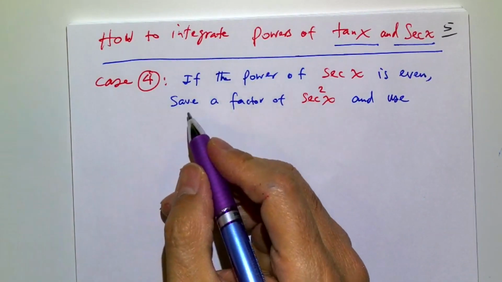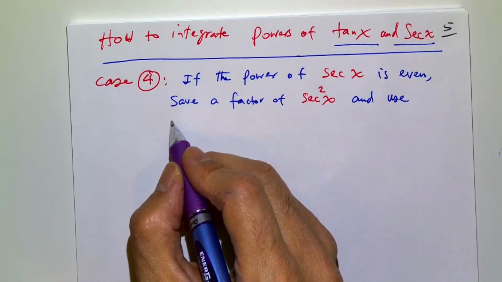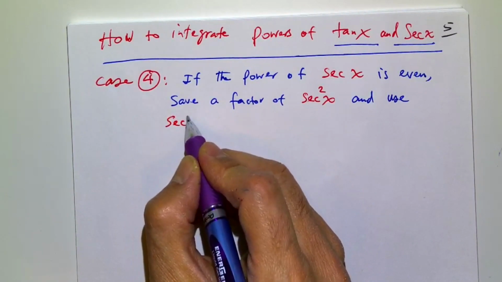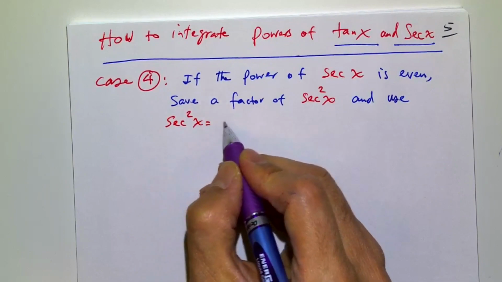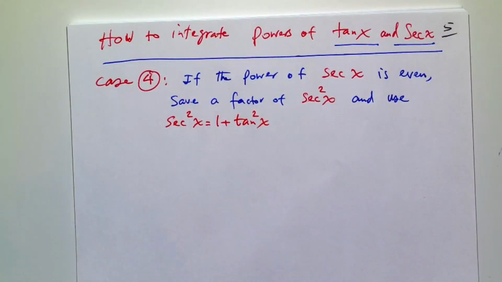And there were 3 of them, right? They're extremely useful in calculus. So secant squared x would be 1 plus tangent squared x. We're going to use that.